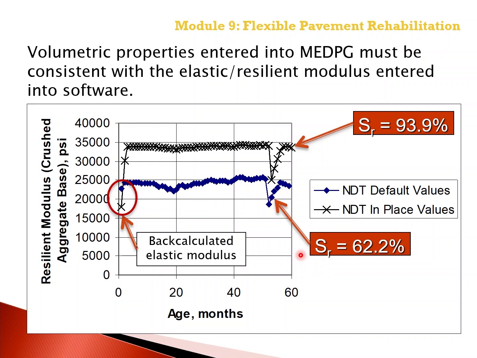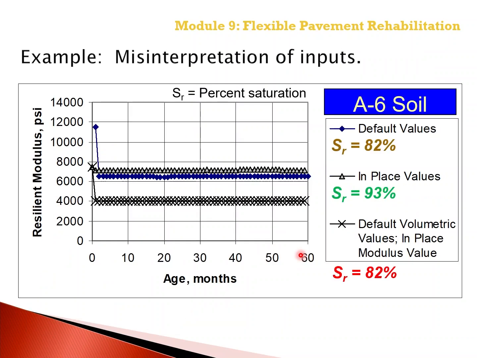So the existing conditions become very important in defining which resilient modulus values are going to be used in the calculation of rutting, fatigue damage, and other critical pavement response values.